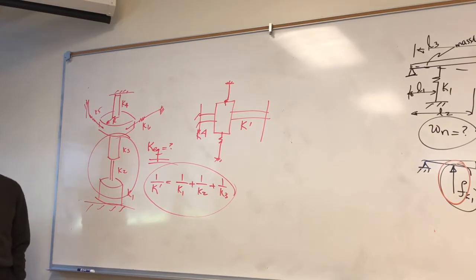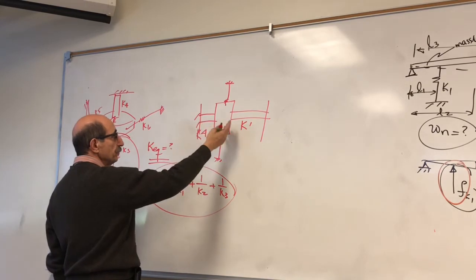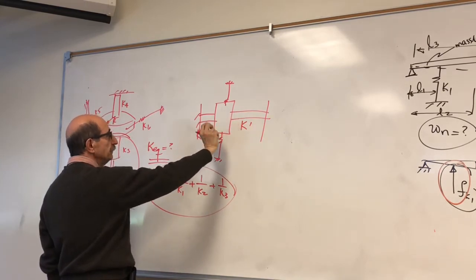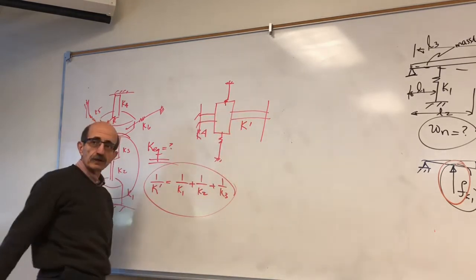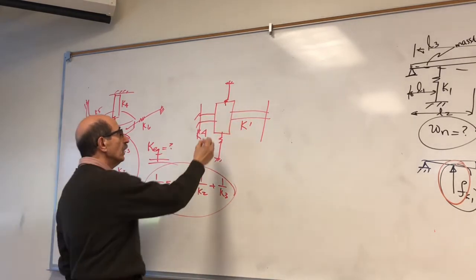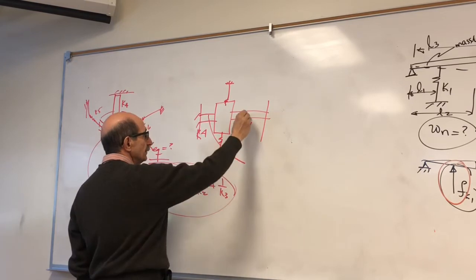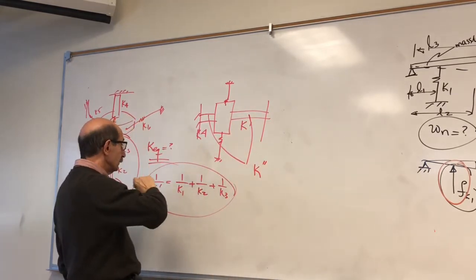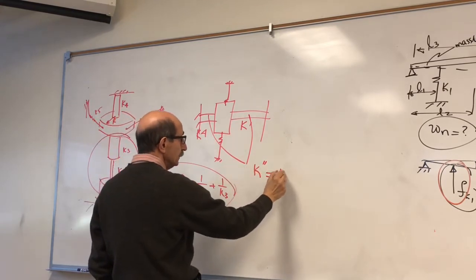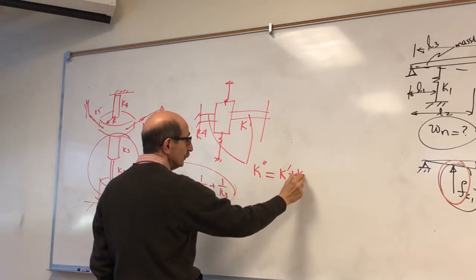I cannot say anything about the force. How do I know how much the force is here and here? But I know they are constrained, and if I turn this, both of them experience the same deformation. Therefore, I can replace this and that with another equivalent spring, which would be the sum of these two, right?